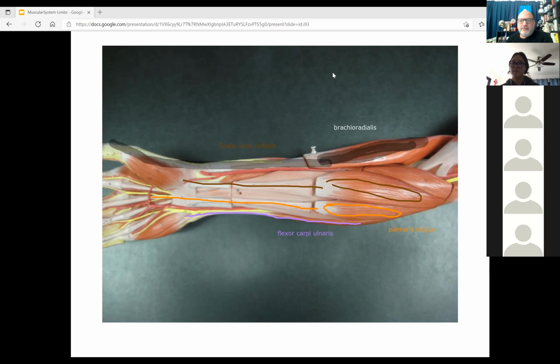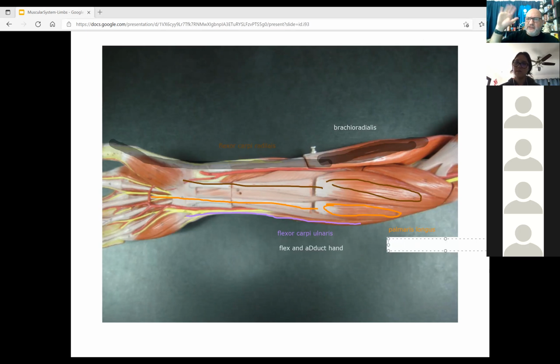All righty. One last piece of business. Functions. What are the functions of the flexor carpi ulnaris? To flex and adduct the hand or the wrist. Excellent. What is the function of the palmaris longus? To flex the hand.